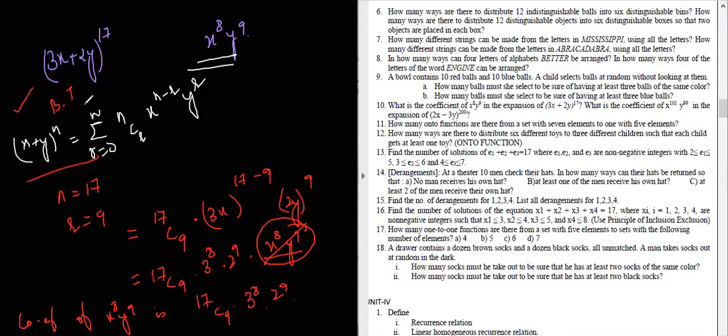Alright. After that, how many functions, onto functions, this 11th and 12th are directly given as formulas. 13th is based on the principle of inclusion exclusion, and then we have a few problems on derangements and permutations and combinations again. So let's move on to the LAQs.